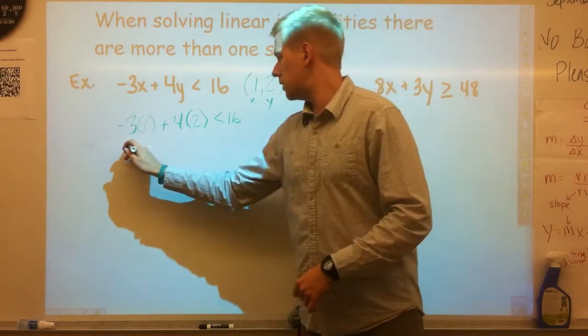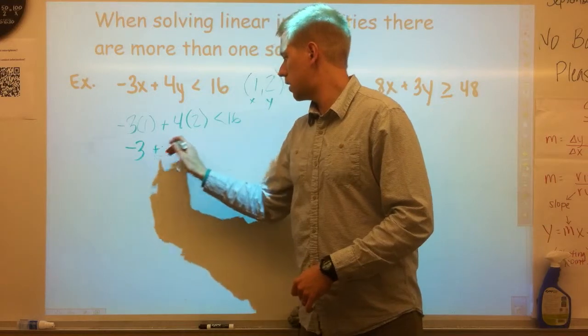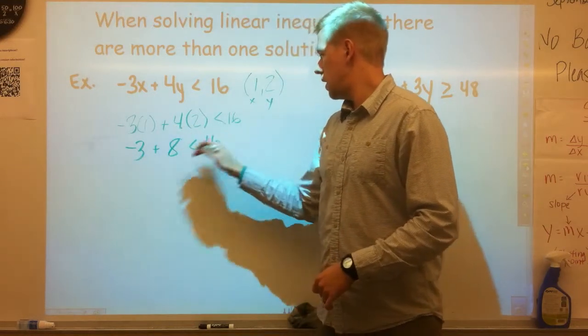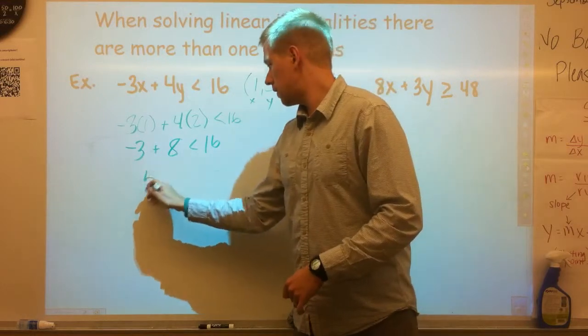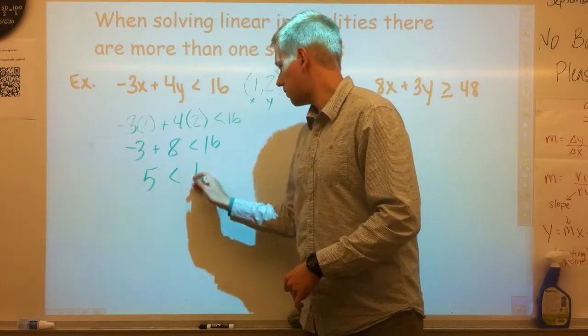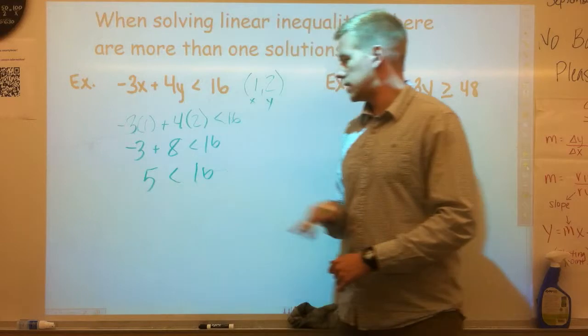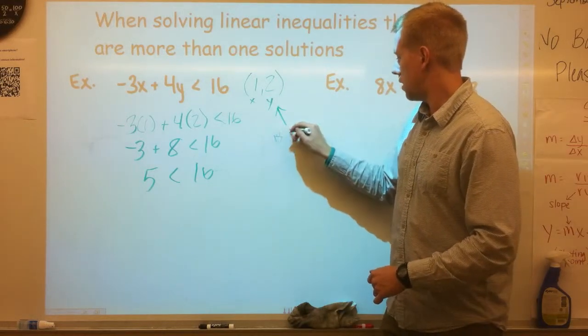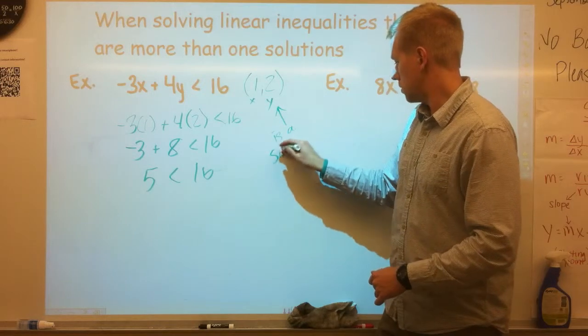Negative 3 times 1 is just negative 3, plus 4 times 2 is 8, less than 16. Negative 3 plus 8 is 5. And 5 is less than 16, so this is a solution.